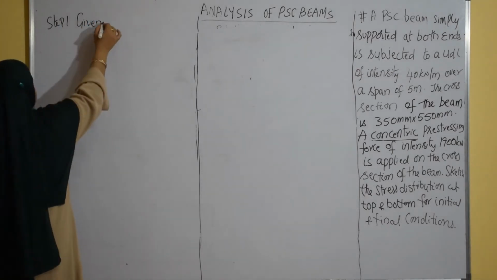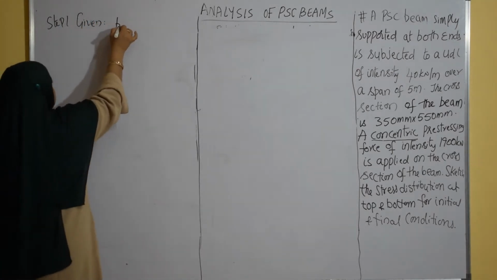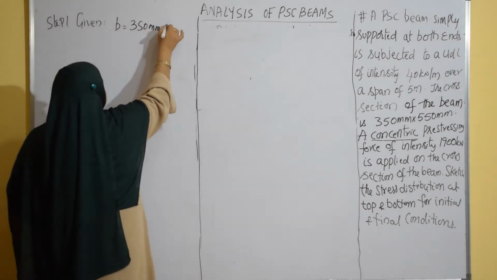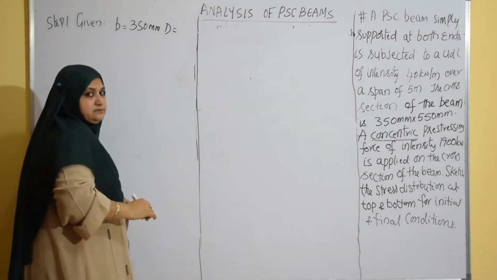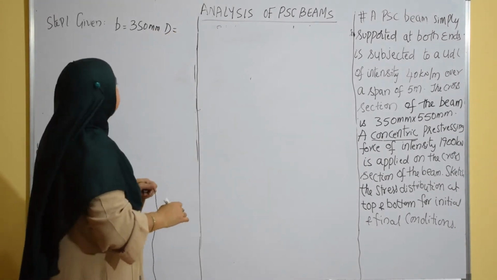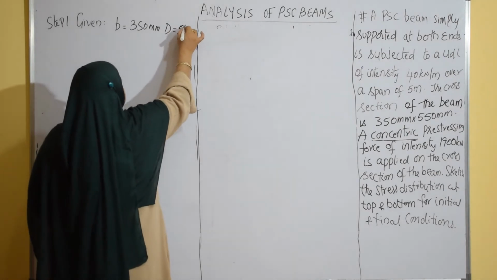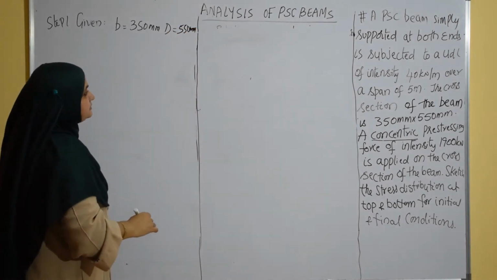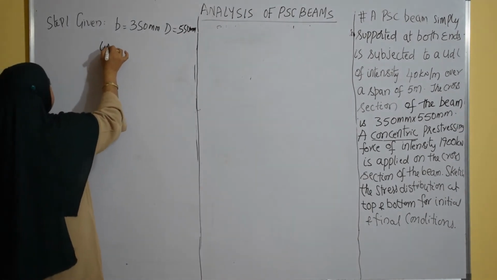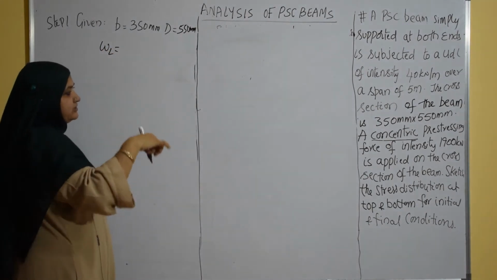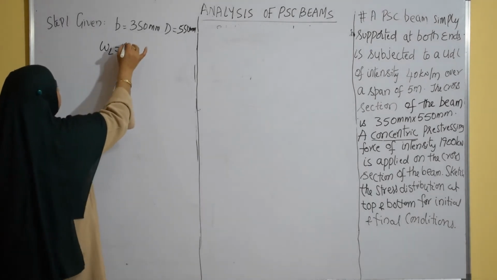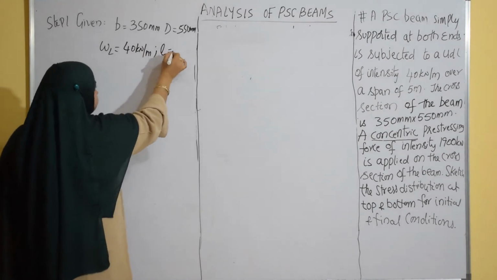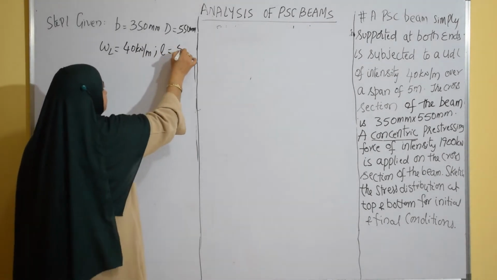First, I will take down what is given. The overall section size is given as 350 mm, and the overall depth is 550 mm. It is subjected to a UDL, that is a live load, because it is applied externally, of 40 kilonewton per meter, and the effective span is 5 meters.